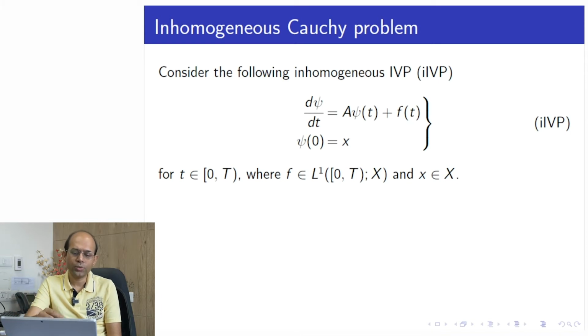We consider this problem for time between 0 and, say, capital T. Here this capital T is different from the semigroup capital T. I'm sorry about using the same symbol in both places, but it is really unambiguous. Whenever I write a semigroup, I write capital T and then small t in parentheses.